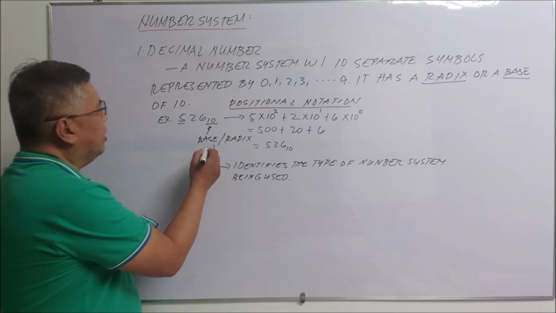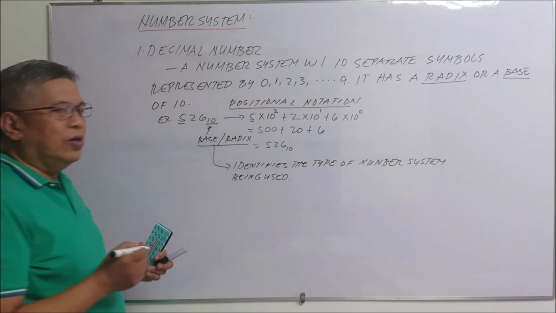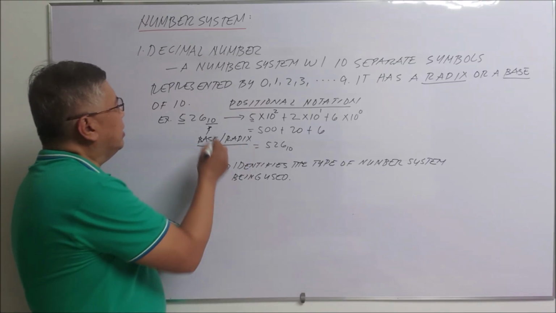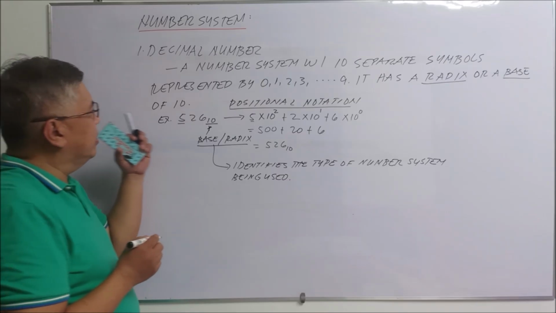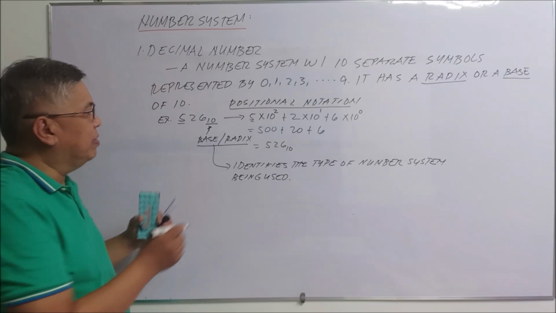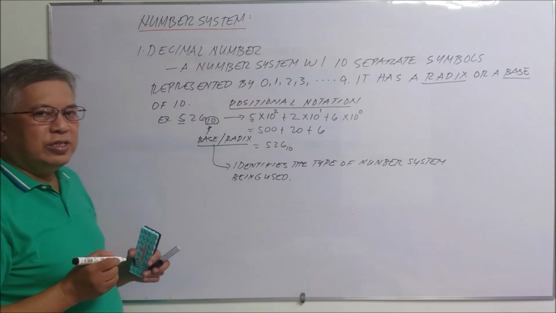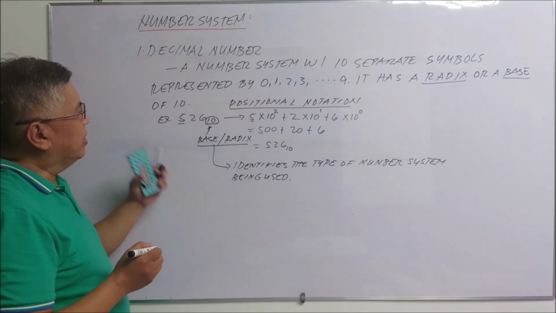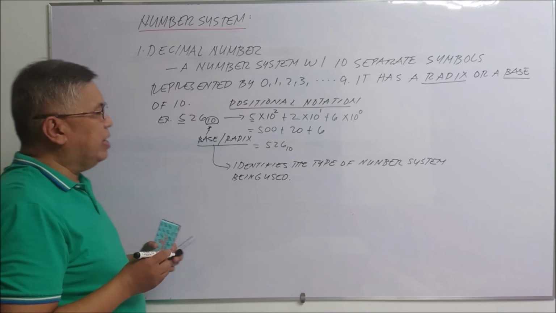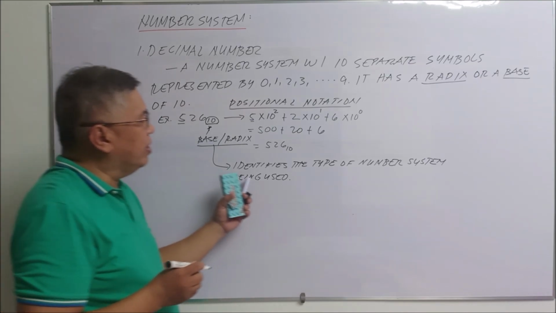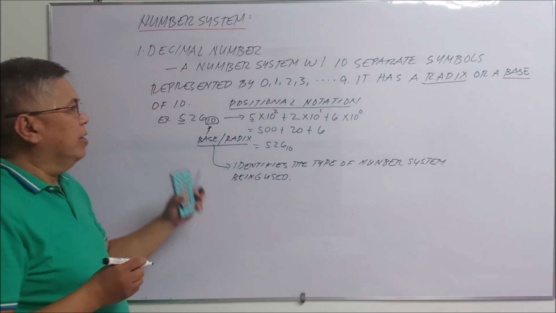So with the presence of your base or the radix, we can say that it is a decimal number system because of the base, which is 10. Again, it identifies the type of number system being used.